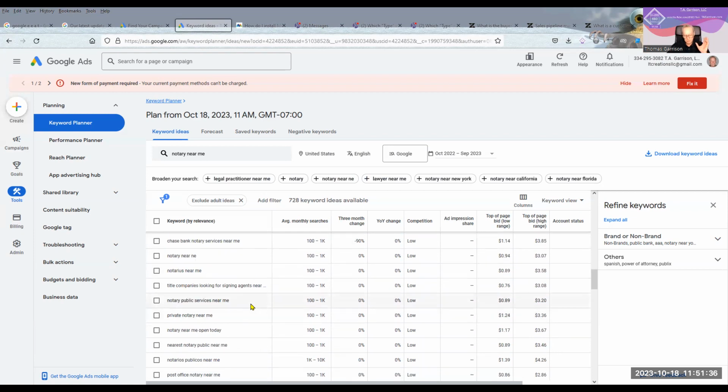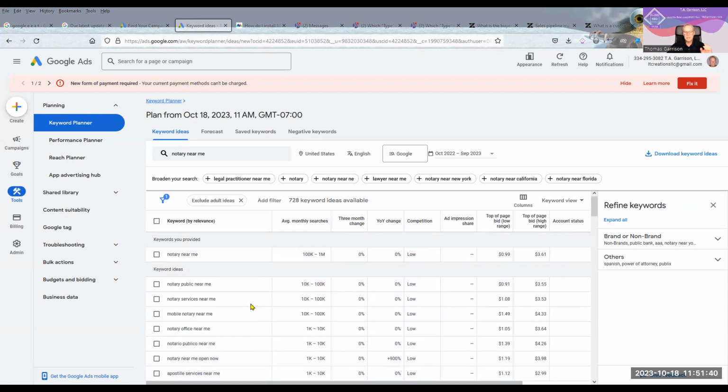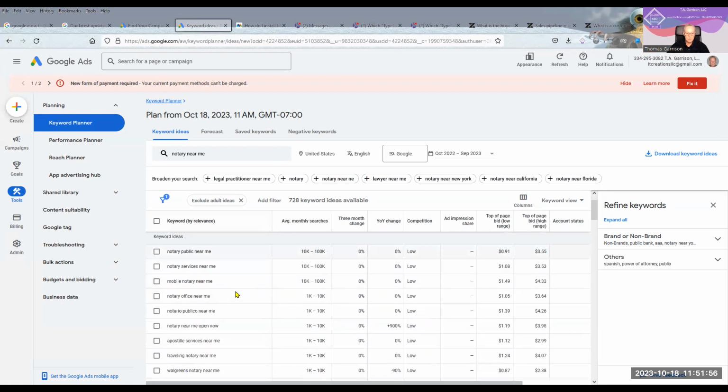But the idea is use the keyword planner to find the term that's best fit for your pages. So your awareness page is going to have a different term than the decision page, than the purchase page. So you're going to have to make sure that you look at it. And as you do go through them, you will see like this one, even though it's not related to you, Apostille Notary services, I do that.